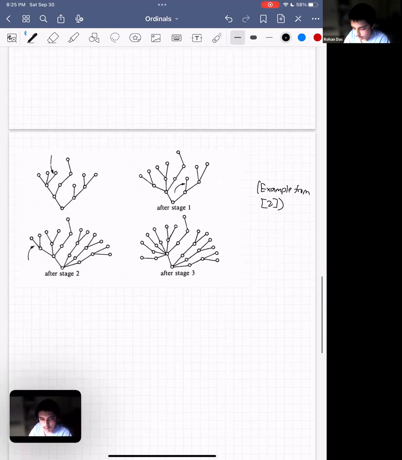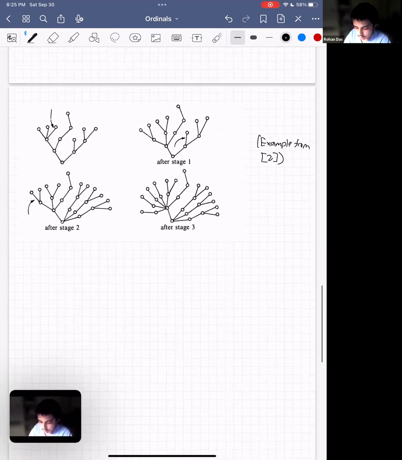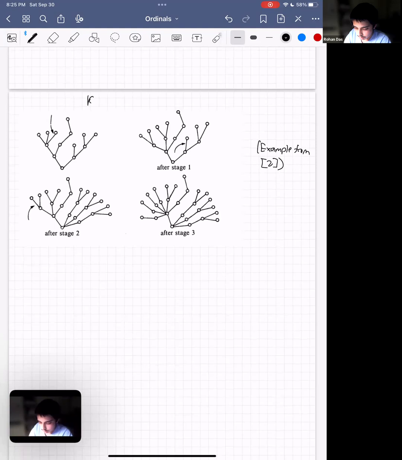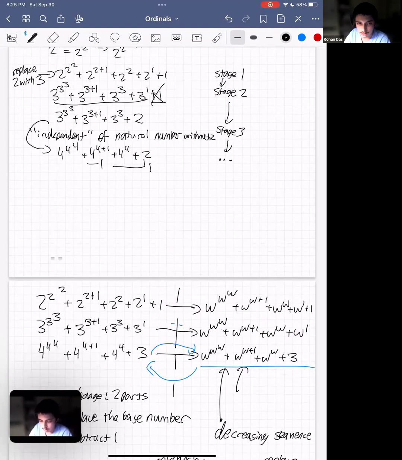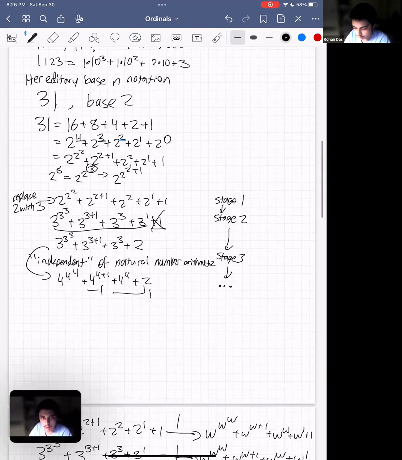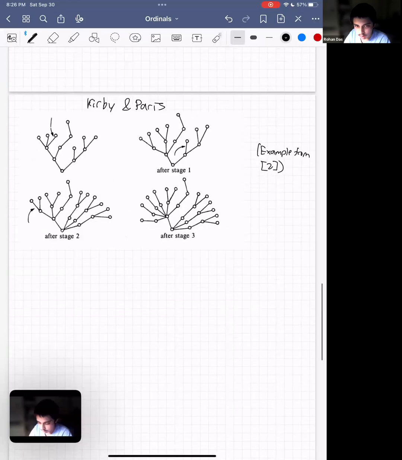So now there is a second example, and this is a problem from Kirby and Paris, who are the same people that proved the statement about Goodstein's theorem being independent of natural number arithmetic. So here we have a game.